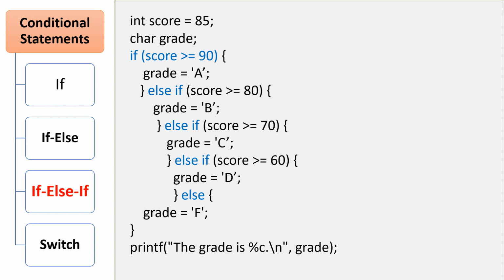If the student scores more than 90, then grade will be A. Else, if the score is more than 80, then the grade will be B. Else, if they score more than 70, the grade will be C, and so on. This will continue until the last else statement. The last else statement will be executed if none of the conditions above are true.